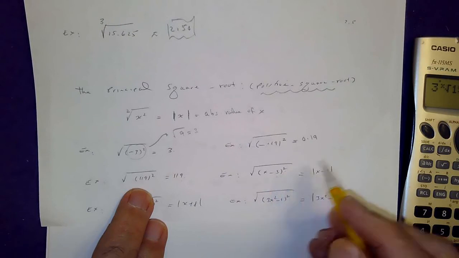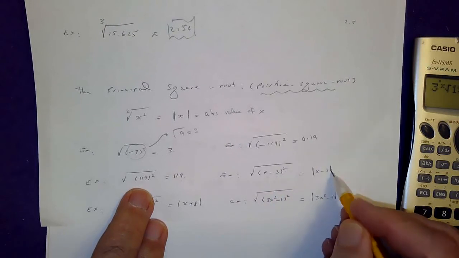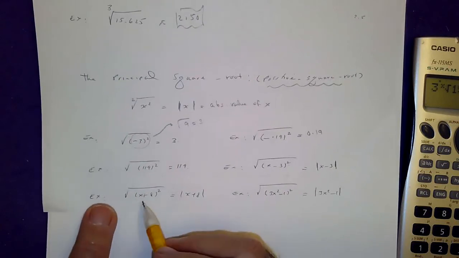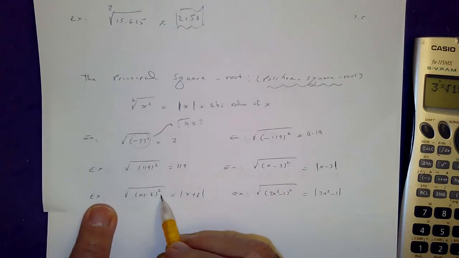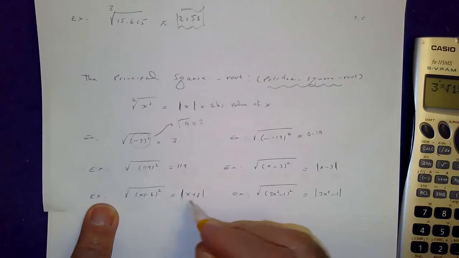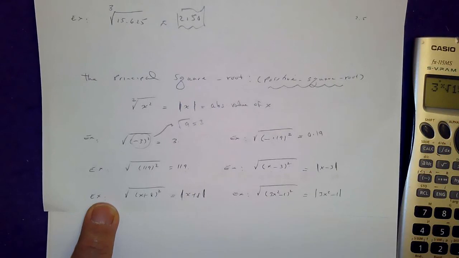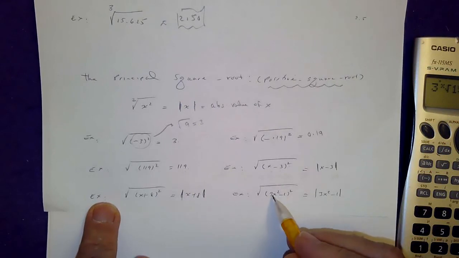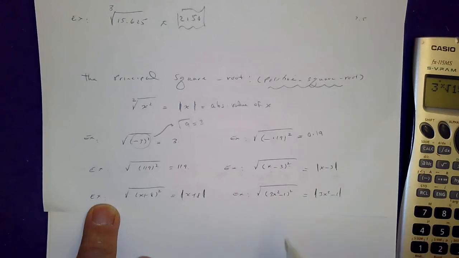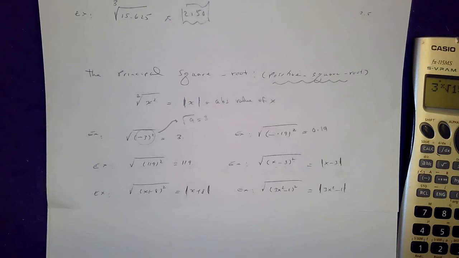It's not x minus 3, it's the absolute value of x minus 3. Okay, what about the square root of x plus 8 squared? It's not x plus 8, it's the absolute value of x plus 8. And finally, the square root of 3x squared minus 1 squared is the absolute value of 3x squared minus 1.